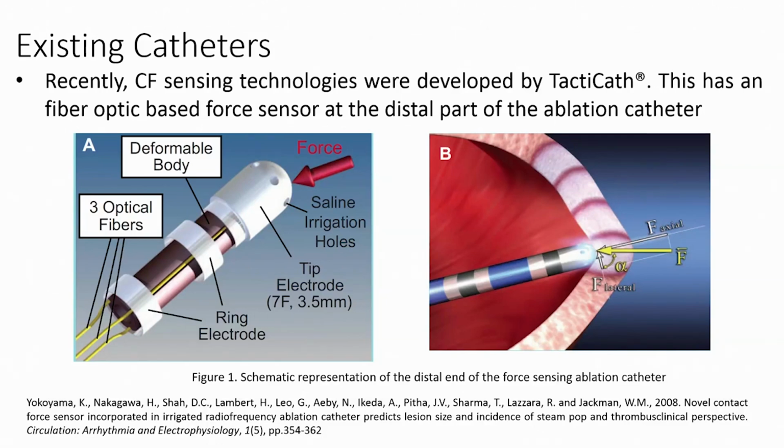The first catheter is a catheter force sensing technology that was developed by Catheter, where there is a force sensor, there are saline irrigation holes, there is a tip electrode of about 3.5 millimeter, there are ring electrodes, and there are optical fibers.